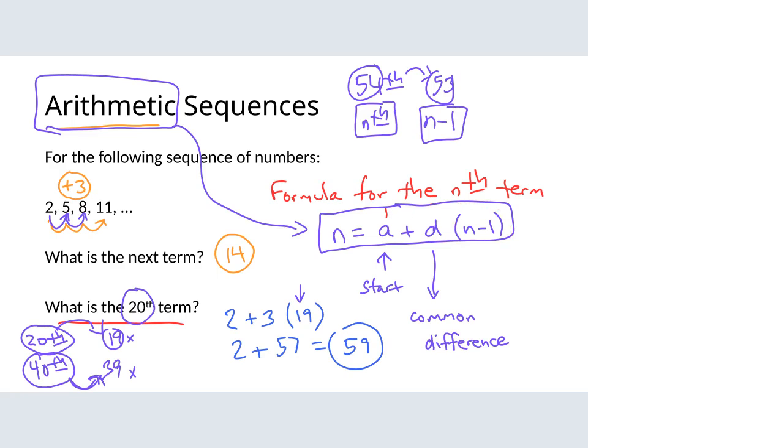And the reason that the formula looks that way is because if we're after the 43rd term, then we need 43 to get plugged in here, and then that's going to be 42 multiplied by the common difference. So it's however many times we're going to do the common difference multiplied by that difference added to the starting point. Right here is our general formula for an arithmetic sequence.